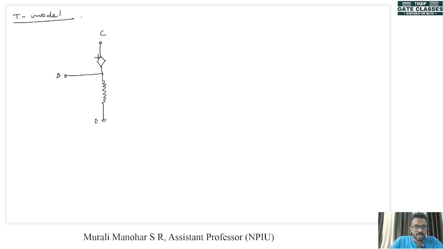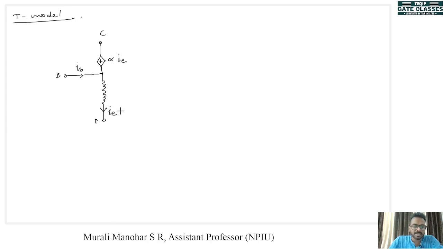And here we have the collector. We have already derived an equation for this current source in our previous lecture, and this is alpha IE. This is IC, which is alpha IE. Here we will have IB, and here we will have IE.